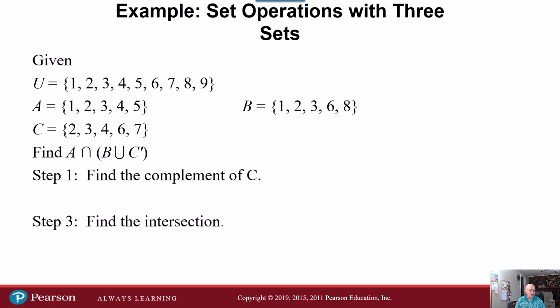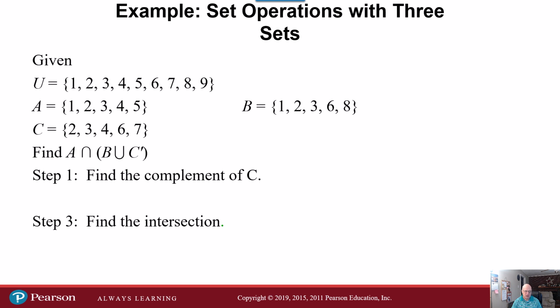First of all, remember, with sets, start from the inside. You can't do that intersection if you don't have the second set, the B union complement of C. And you can't do that until you can find the complement of C. Well, what's the complement of C? Well, there is C, but what's the complement?